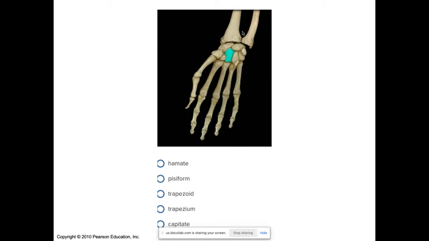You just divide the bones into 2 rows, a proximal row and a distal row. There's 4 in each. You always start from the proximal row on the lateral side. The lateral would be the thumb side because the thumb radiates out, so it's on the radial side. This is the radius. This is the thumb.